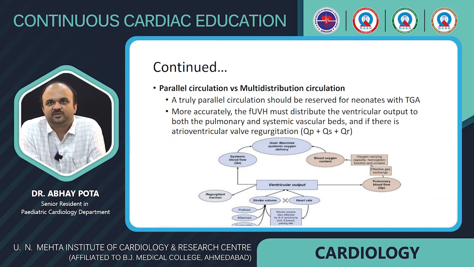Now this multi-distribution circulation is inherently inefficient and results in progressive congestive heart failure over time. As can be seen in this image, the variability in efficiency is dependent on anatomy, ventricular function, valve function, pulmonary parenchymal function, systemic and pulmonary vascular resistance, ductal patency, and status of surgical connections. So multiple factors affect this circulation.